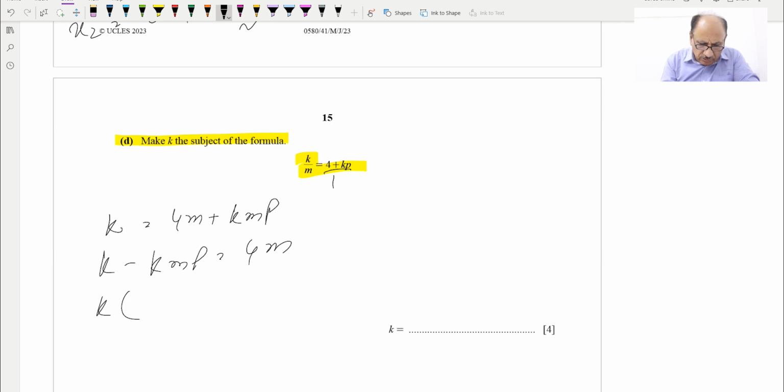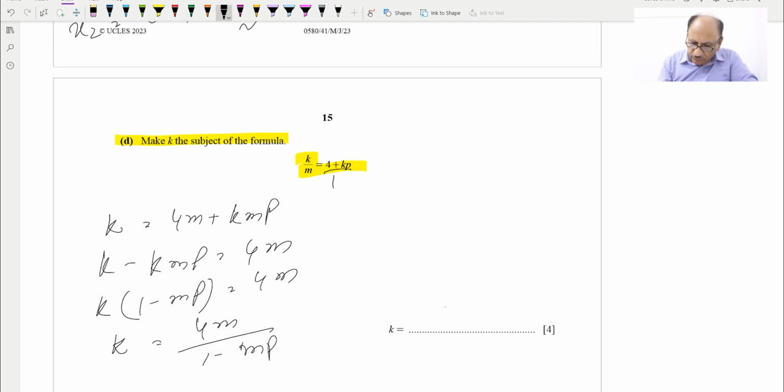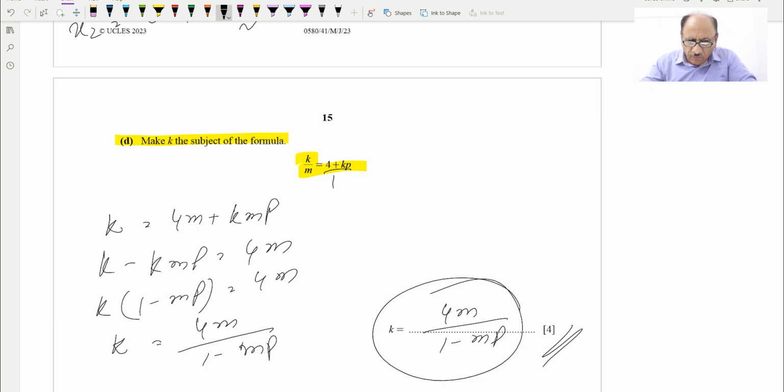So k we can take common, so k into 1 minus mp is equal to 4m, and k we need to make the subject, so k is equal to 4m over 1 minus mp, or pm, whatever. So it will be 4m over 1 minus mp. This will be the answer for 4 marks.